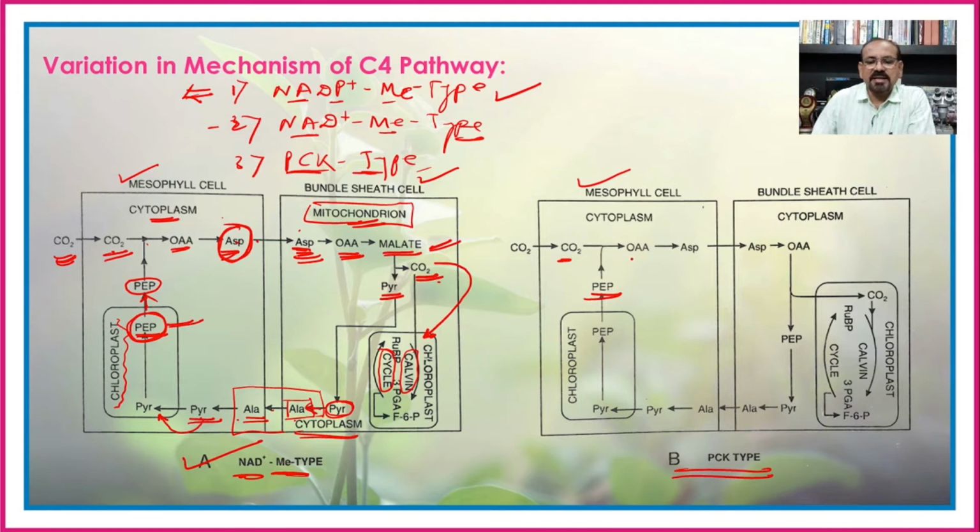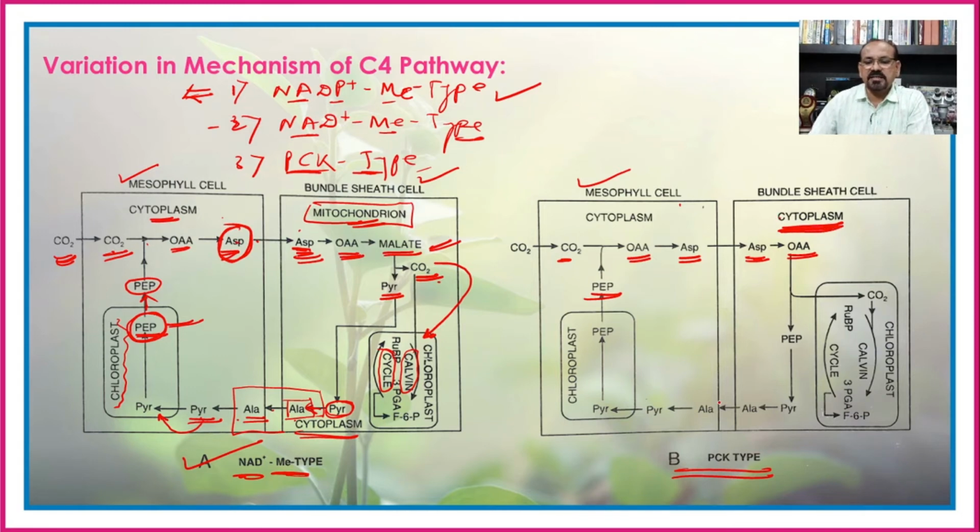After that, there is a formation of oxaloacetic acid, then aspartic acid, and the aspartic acid is transported from the mesophyll cell to the bundle sheath cell, where oxaloacetic acid is again formed from the aspartic acid, but not in the mitochondria; it is in the cytoplasm of the bundle sheath cell.